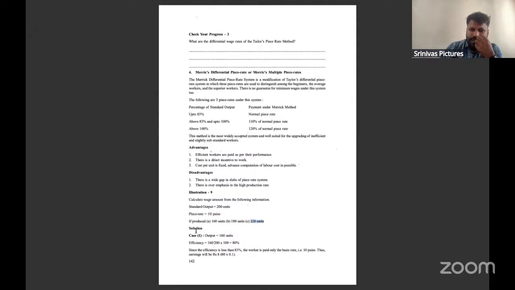See, this is the actual production. But standard production is equal to how much? 200 units. So now let us check what is the percentage of standard output which is covered. Out of 200, A produced 160 only. 160 divided by 200 into 100.